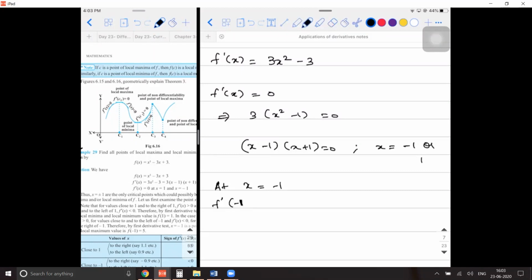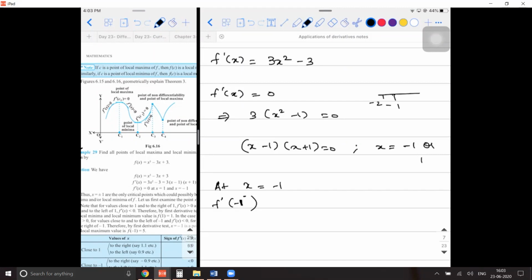It means you tell me some value which I can take. Minus 2 is a very big value. I told you to take a value very close. 0 is also too far. You can take minus 0.99, minus 1.2... so you can take minus 1.01.